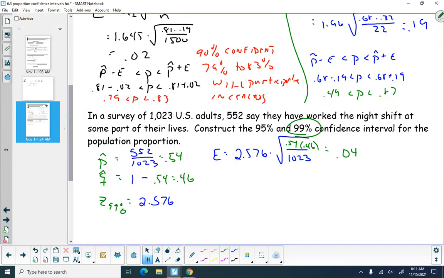So we have p hat minus and p hat plus. So our population proportion will be somewhere in between 0.50 and 0.58. So we can guesstimate that anywhere from 50 to 58% of the people in the United States have worked a night shift.